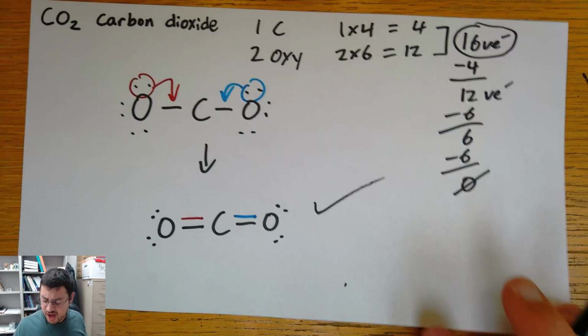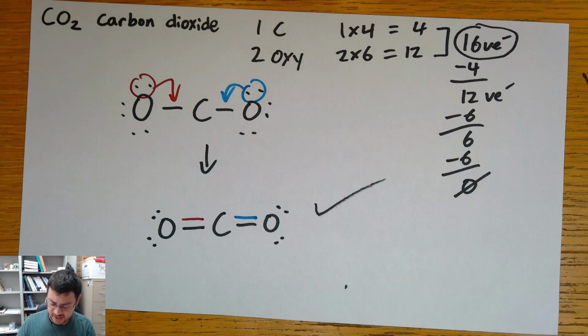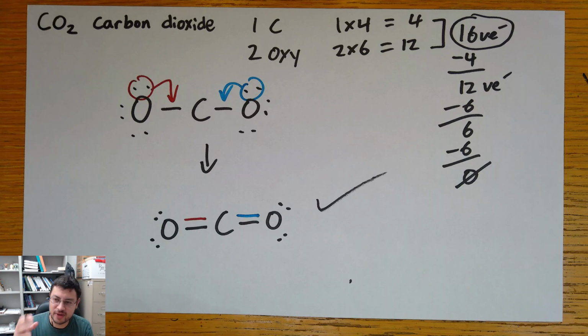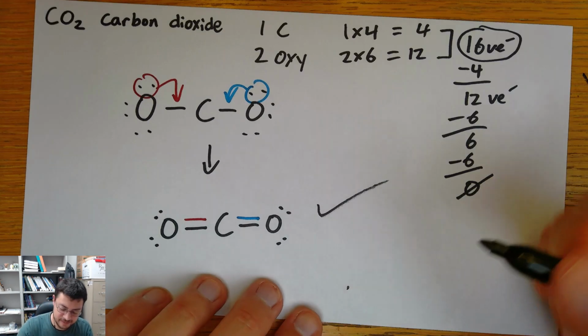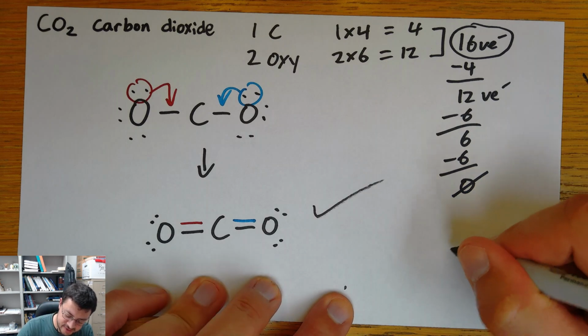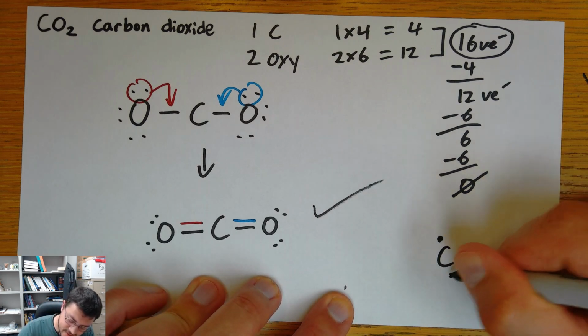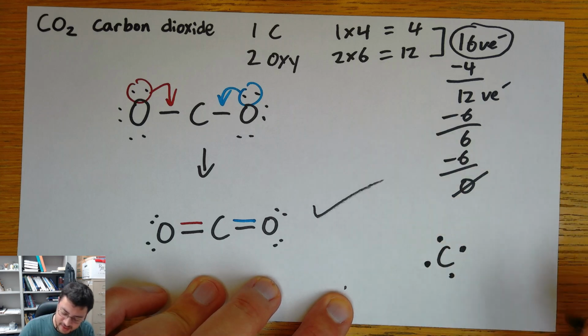I haven't talked about the jigsaw approach in a while. For those just tuning in or those needing a refresh from last time, that jigsaw approach does not always work. But I like to teach it slightly just so that people can see the pieces coming together. If I had a Lewis symbol for the middle carbon, it would be like that.